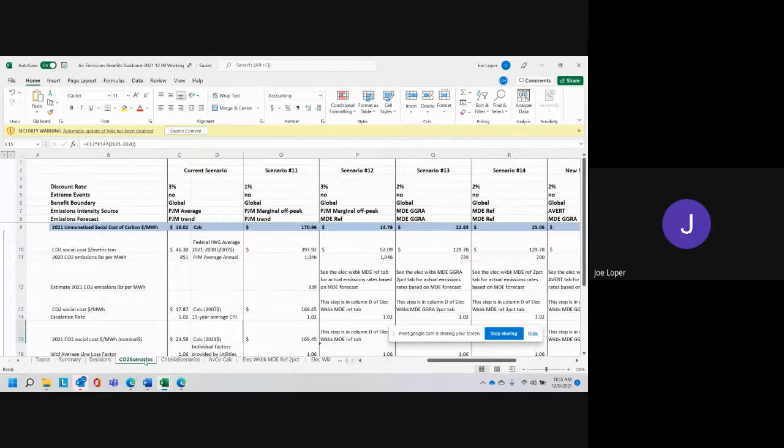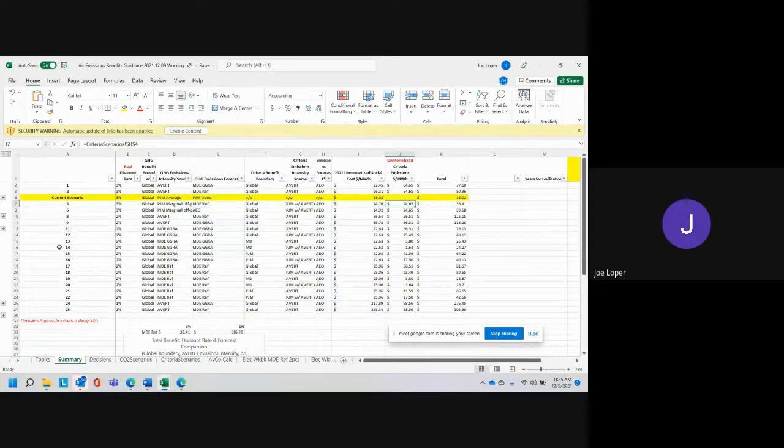Or if you're not inclined to do that, you can go to the summary tab, where we have 24 or so scenarios that seem to be in play right now.